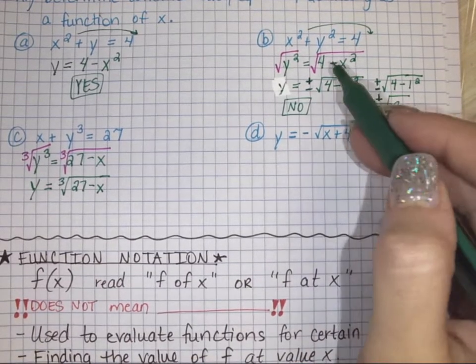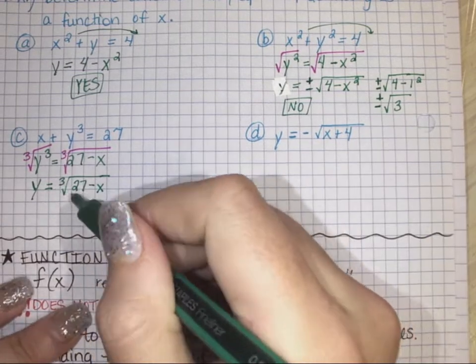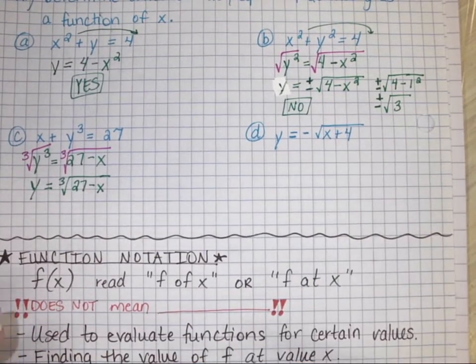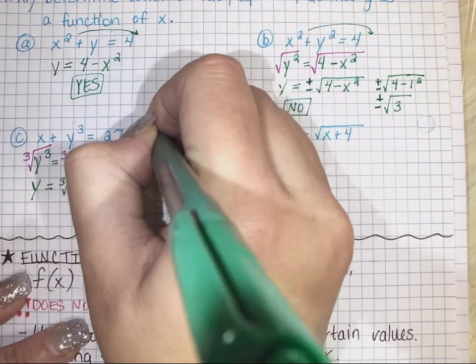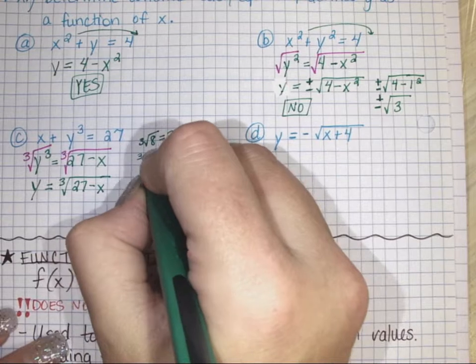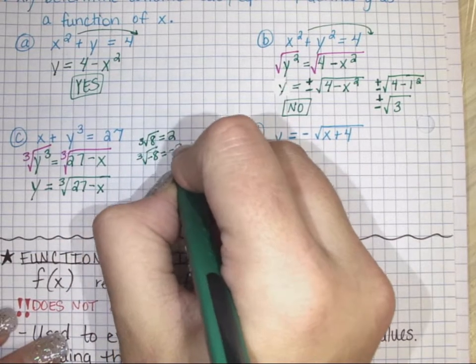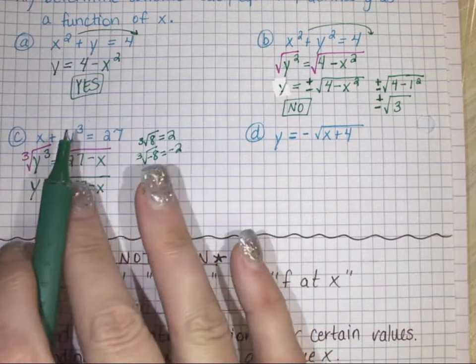That's why even roots get a positive or negative. Odd roots do not, because you can type this in your calculator. Like the cube root of 8 is 2. The cube root of negative 8 is negative 2. So a cube root only has one possible answer.